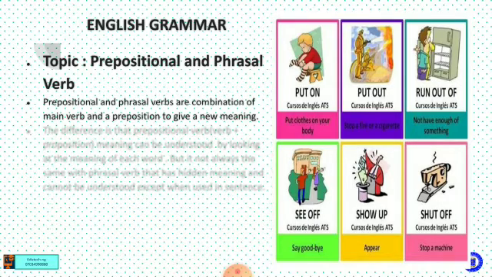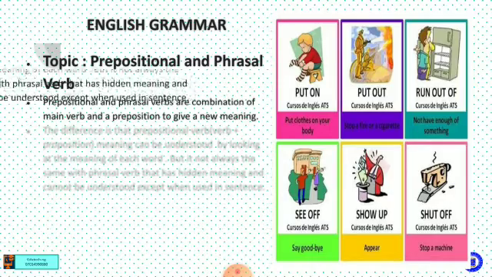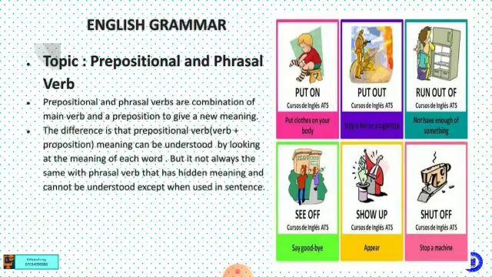So a prepositional and a phrasal verb is a combination of main verb and a preposition to give you a new meaning. Now, the difference between the two verbs is that with a prepositional verb, that is a main verb plus a preposition, when you have it in a sentence, the meaning can be understood by looking at the word.